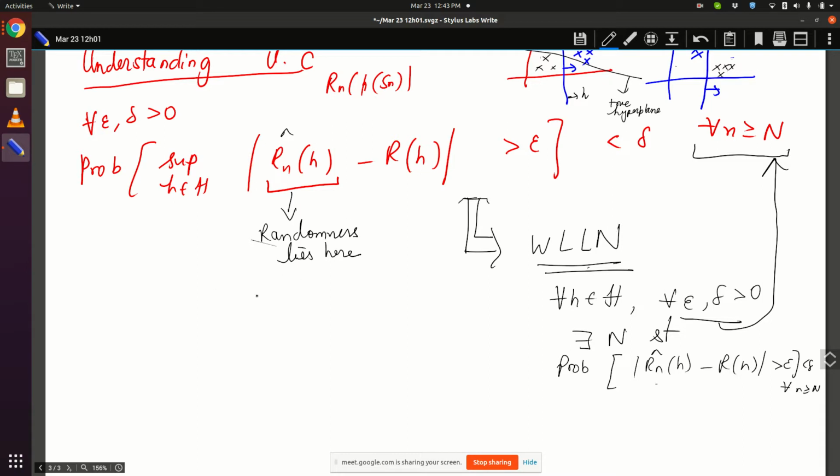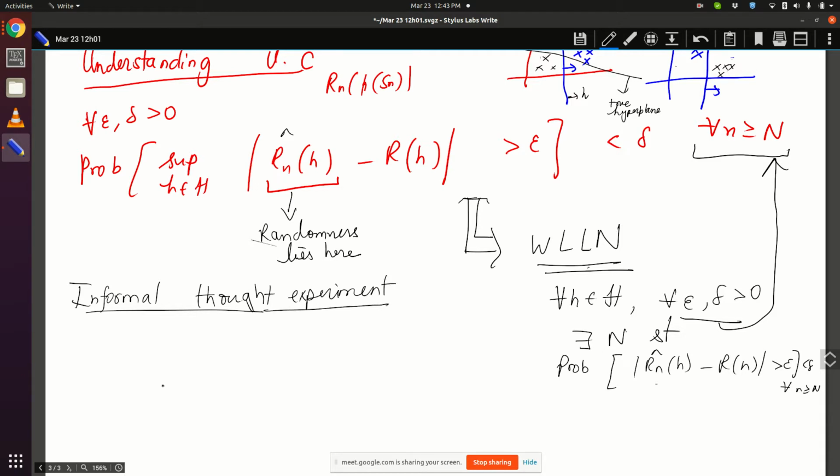So this is one aspect. Another aspect is I want you to understand how this thing works, right? So let's try to do some informal thought experiment.